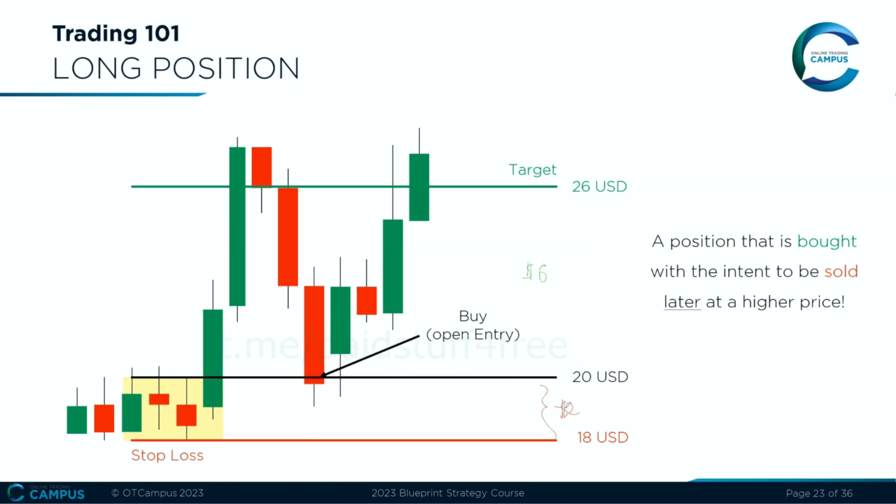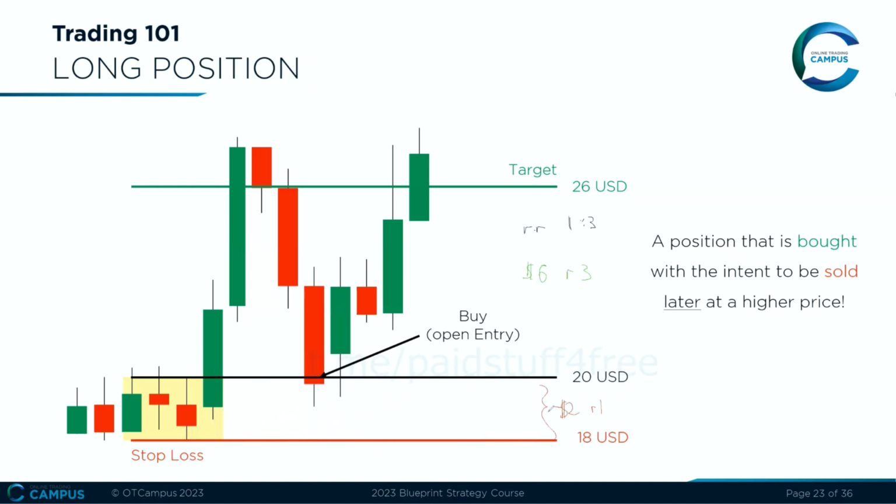So the difference between losing $2 and making $6 is I have a risk of 1 and I have a reward of 3. So your risk to reward ratio is a 1 to 3. Okay, 1 to 3. Meaning for every dollar you risk, you make $3.